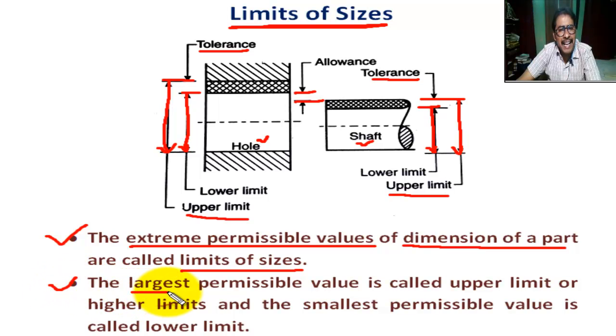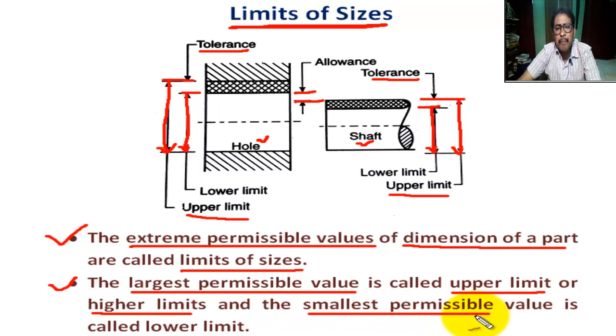The largest permissible value is called upper limit or higher limit, and the smallest permissible value is called lower limit. Okay.